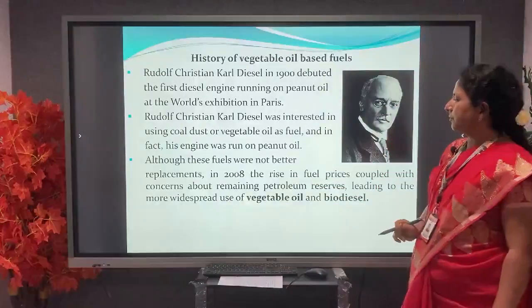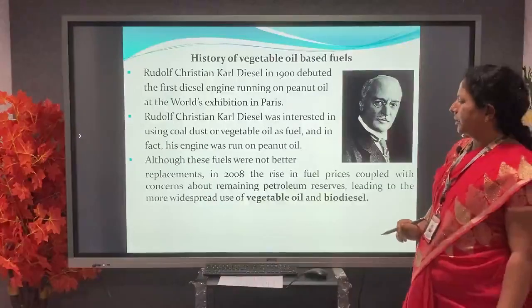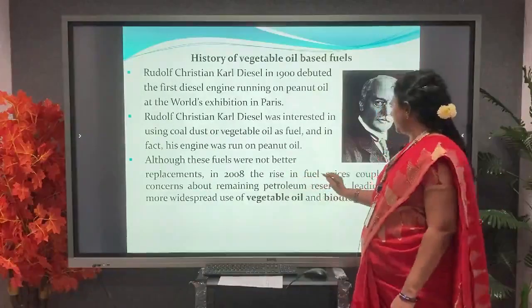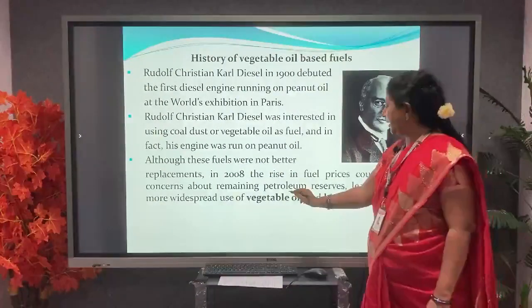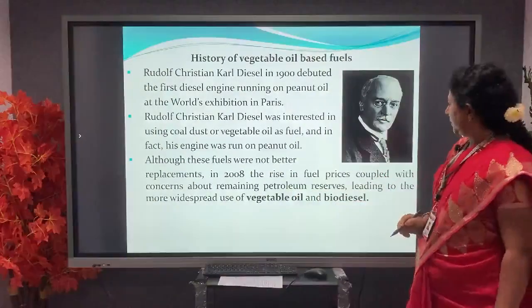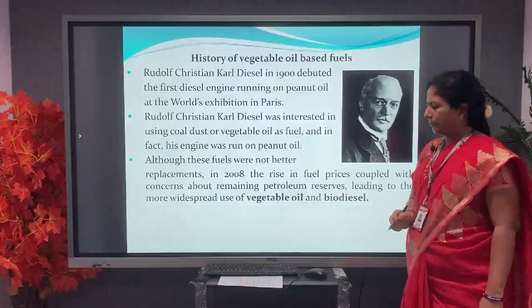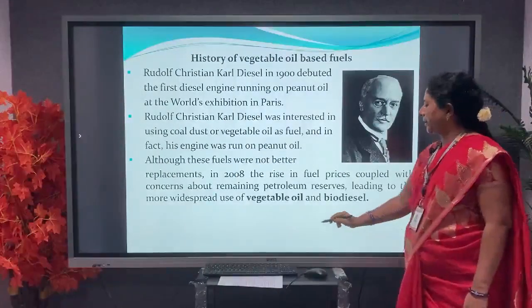Although these fuels were not better replacements, in 2008 the rise in fuel prices coupled with concerns about remaining petroleum reserves led to the more widespread use of vegetable oil and biodiesel.